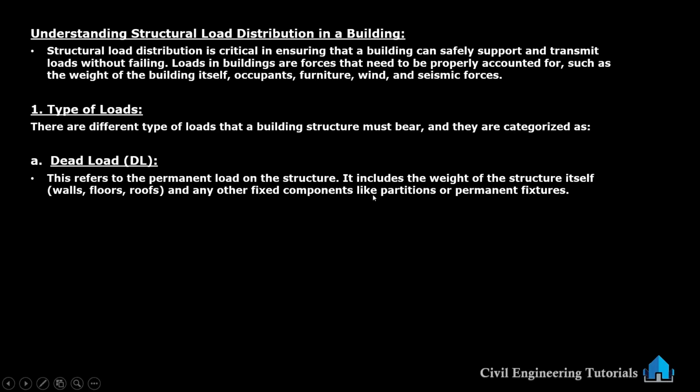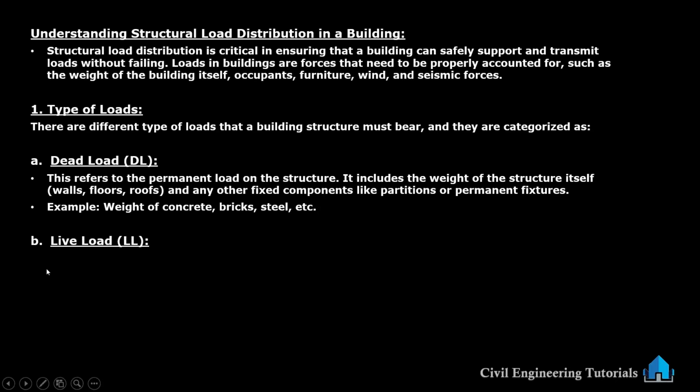It includes the weight of the structure itself, walls, roofs, floors, and any other fixed components like partitions or permanent fixtures, which are non-movable. These are permanent loads. For example, weight of concrete, bricks, steel, etc. These all are permanent loads.